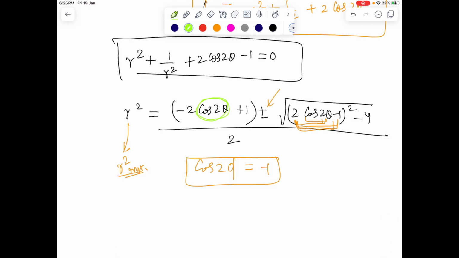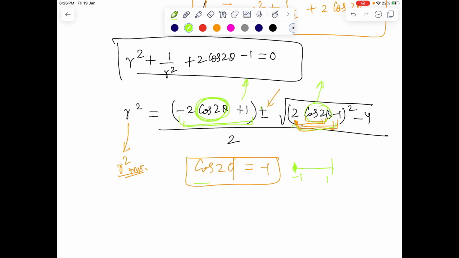So for r square to be maximum, we must have cos 2 theta equals minus 1. Why? The justification is that when this is most negative, at its negative end, cos something dances from minus 1 to 1. Then this entire quantity will be positive. And if this becomes minus 1, that will become 9, so 9 minus 4 is 5. If this is plus 1, it will be minus root 3, which is anyway imaginary, so you can't take it.